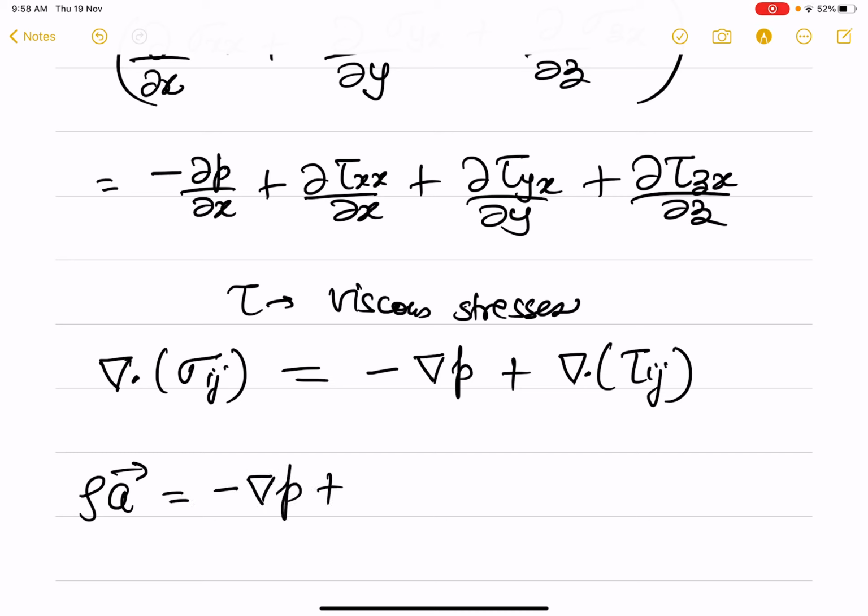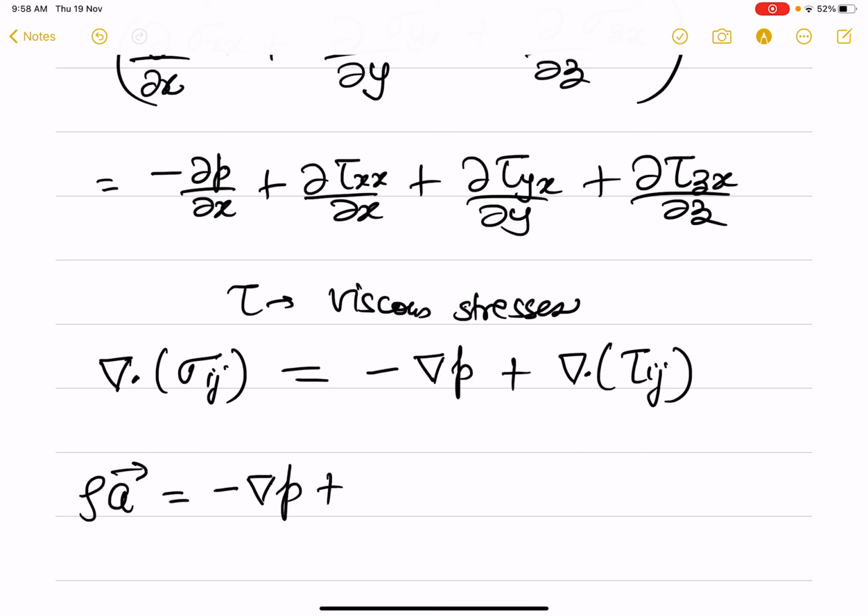Now, in terms of the velocity field, we have seen in one of the lectures before that acceleration is written as partial v by partial t plus v dot grad operating on v.